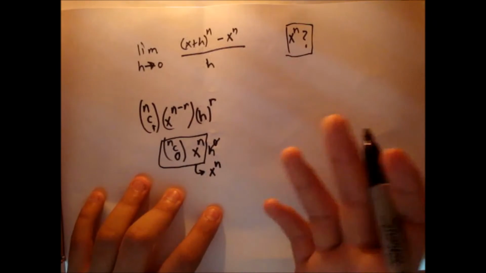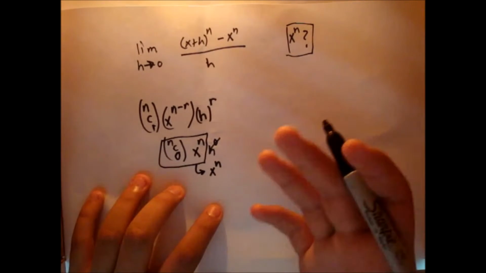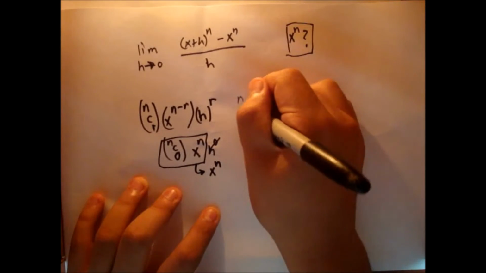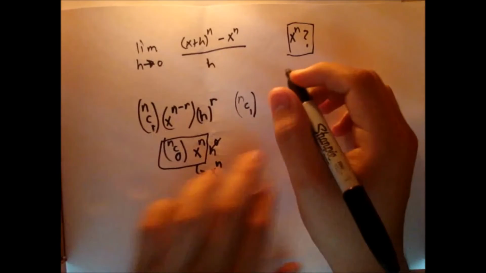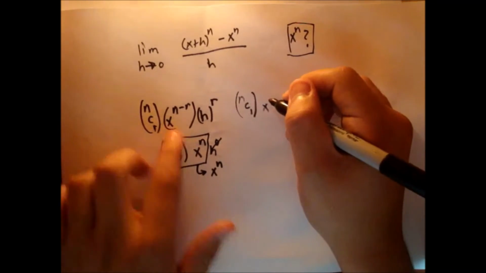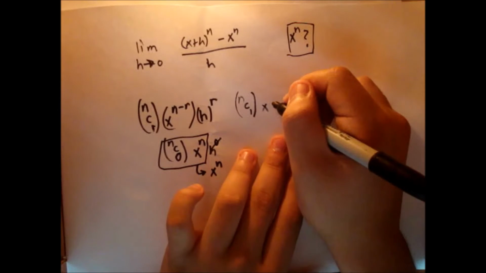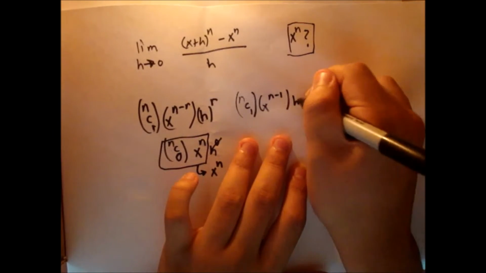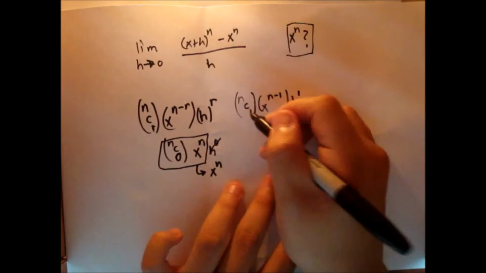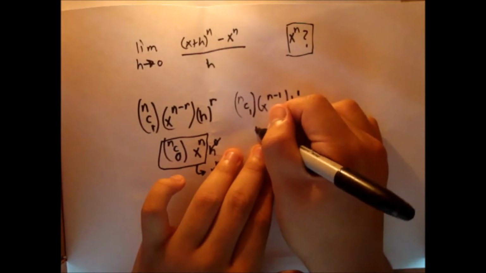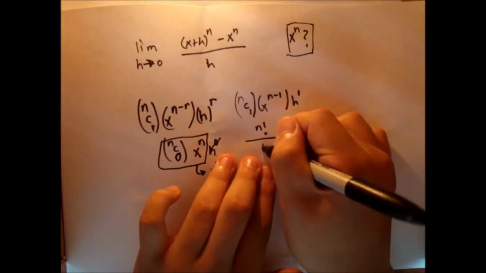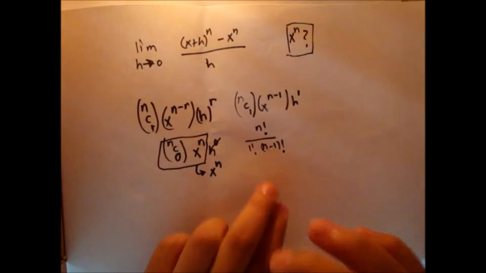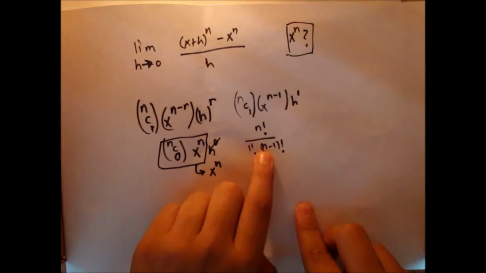Let's calculate the first few terms so we can see if there's some type of pattern that we can observe and exploit. Alright, so we're going to try n choose 1 now. So we're going to just apply this formula: x raised to the n minus 1, and then h raised to the first power. So what's n choose 1? If we use the factorial notation, it's the following. Well, we can also simplify this right here.